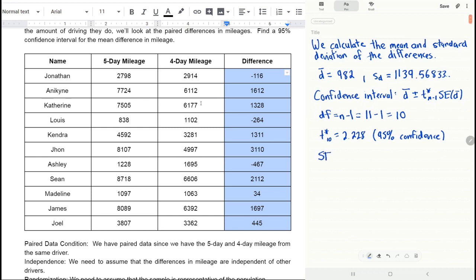Then we need the standard error, which is the standard deviation of the differences over the root of n. So we have 1139.56833 divided by the root of 11. Our standard error will be 343.592. Now we can calculate our confidence interval.